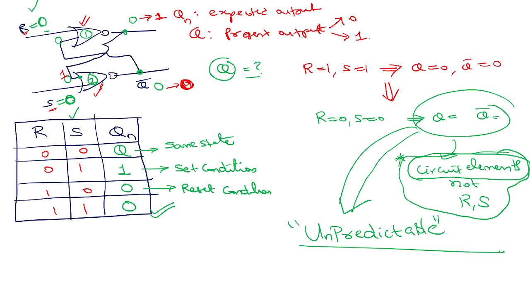Yes or no? The moment you say something depends on the circuit elements, and their functionality is a function of various conditions, you are indirectly saying that your output is not going to be predictable. It's an unpredictable system. Do you want to design an unpredictable system or a predictable system?